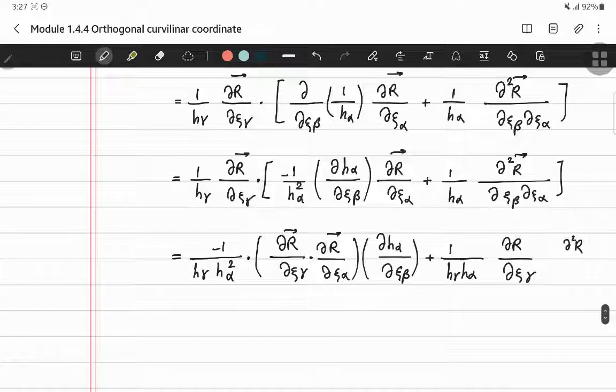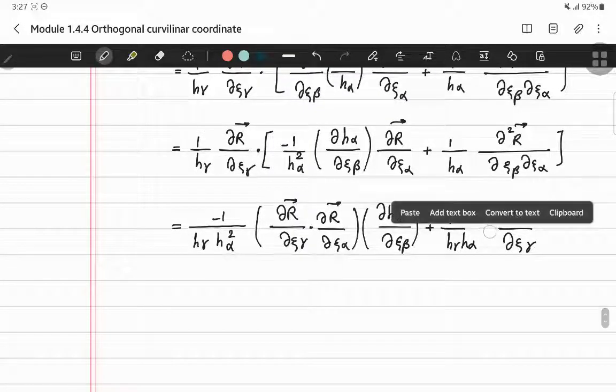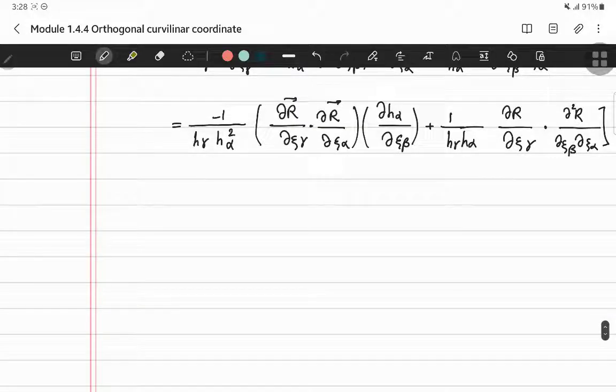So now we have the partial derivative of R with respect to Z gamma dot the partial derivative of R with respect to Z alpha.